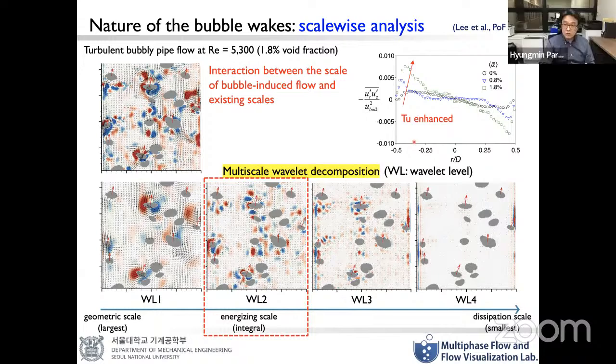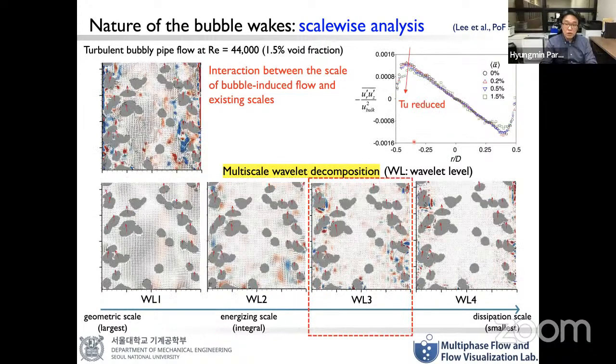But with this in mind, we increase the Reynolds number to 44,000 and keep the void fraction of the bubbles at a similar level, and then we do the same analysis using the multi-scale wavelet decomposition. Compared to the previous one, we can see that slightly smaller scales, corresponding to wavelet level 3 or 4, or a combination of these two, can represent the original instantaneous flow.